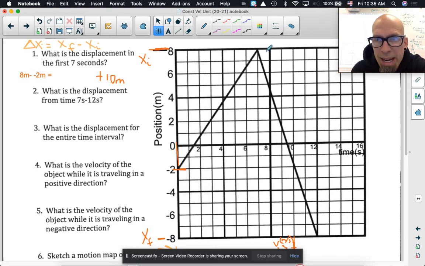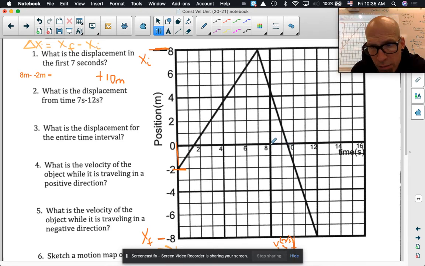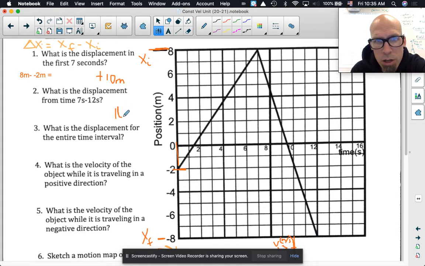You went from 8 to 0, the 0 position at about 9.5 seconds, and then finally finishing down here at negative 8 meters. So you went 8 and then another 8. That's 16 meters total.